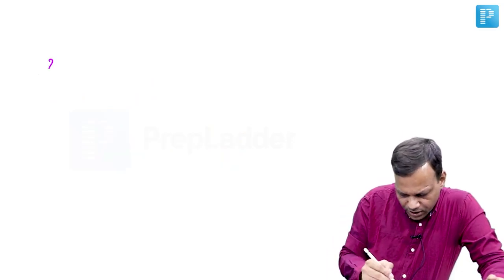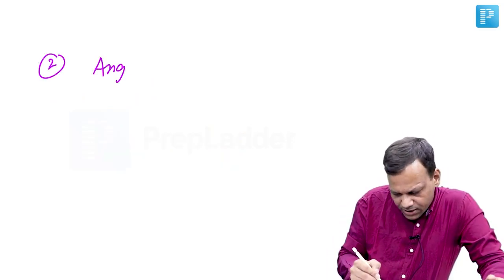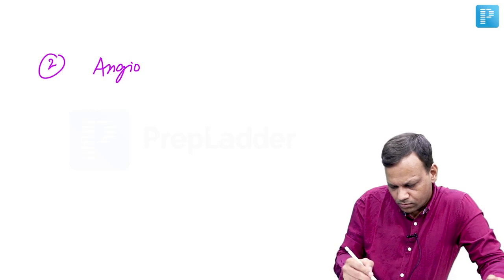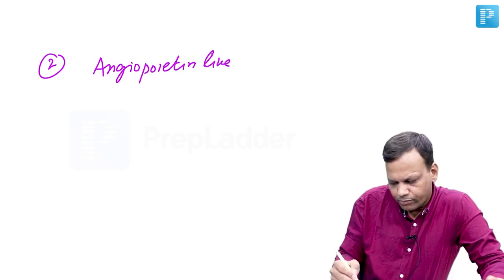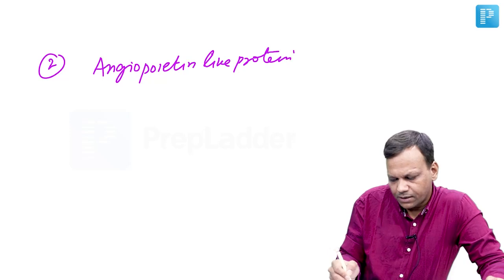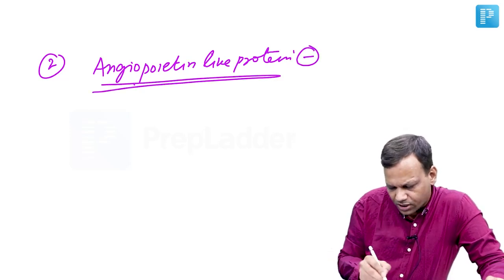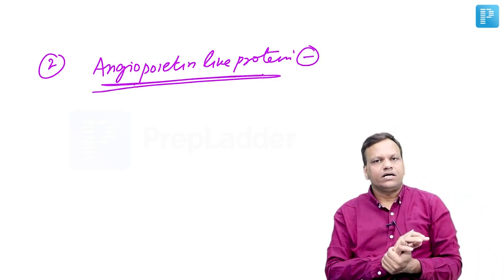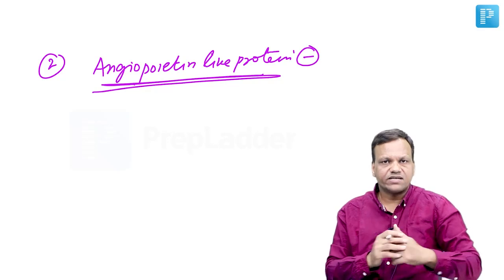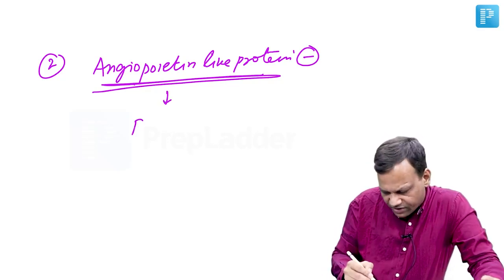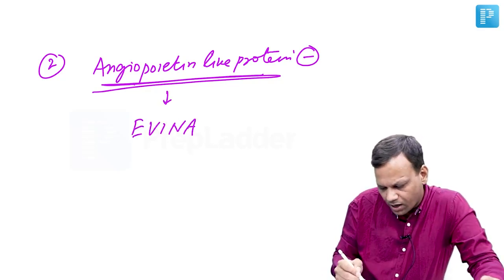Then the second of the new drugs is the angiopoietin-like protein inhibitor. Now this is a protein which causes hyperlipidemia. So when we inhibit this, we can treat dyslipidemia, and the drug is evinacumab.